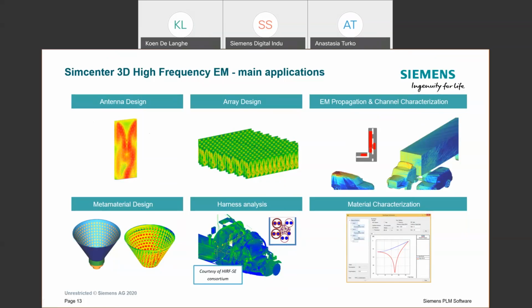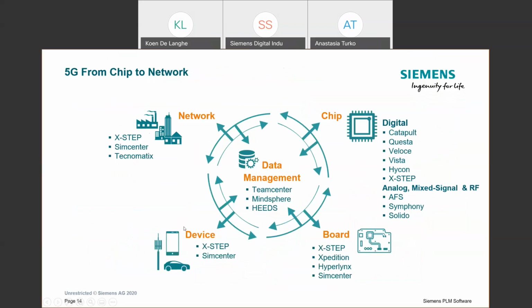Koen? Okay, yeah. So just to give an example of our solution in Siemens for particular applications, like for example 5G. So 5G is getting very important into all sort of industries. Our solution can extend really from chip to board to device to network.